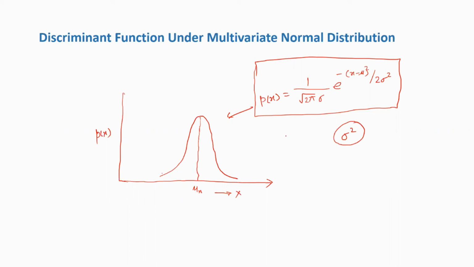When the sigma square value is low, the graph will be narrower, meaning the variance will be less. And when the sigma square value is high, the graph will be wider. Correct? Now, is it fine, everyone?